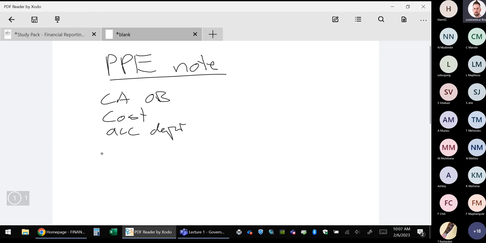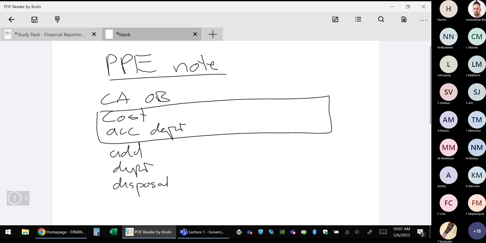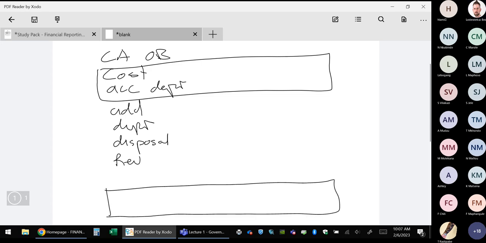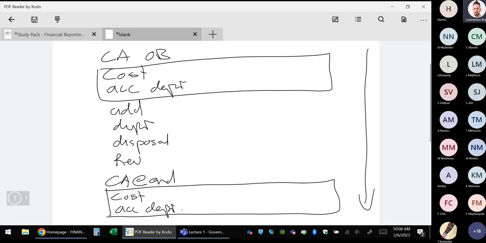Then you had additions, depreciation, disposals, revaluation. And then we had carrying amount at the end of the year, cost, accumulated depreciation. All right, so everything was underneath each other.